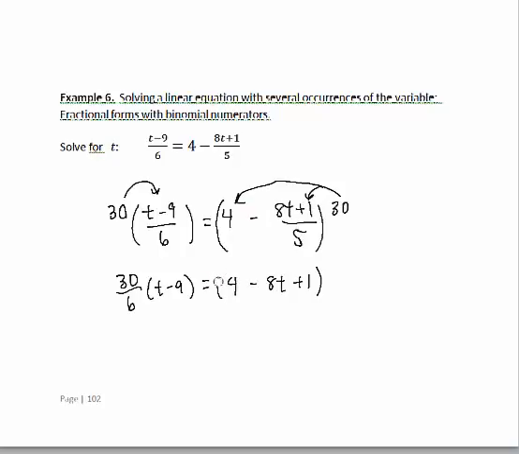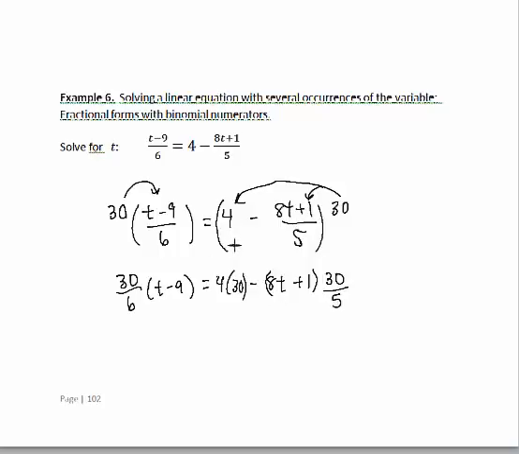And so what I need to do is write a 30 beside this 4. So 30 times 4, and then for the 8t plus 1, I can write 30 over 5 beside it.